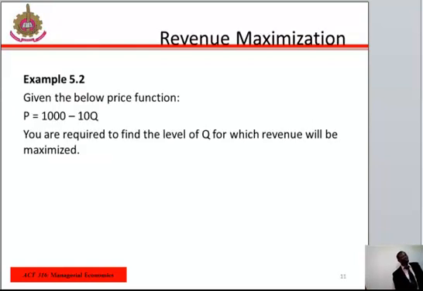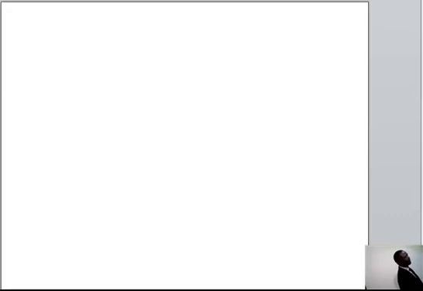Example 5.2. Given below the price function, P is equal to 1000 minus 10Q. You are required to find the level of Q for which revenue will be maximized. So let's have the calculations done. So now, given that P is equal to 1000 minus 10Q.